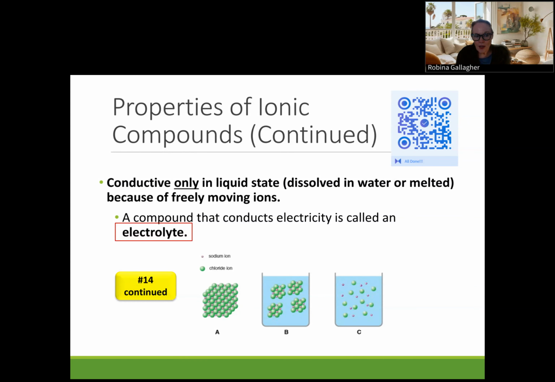Now you've probably heard that word before, right? Like Gatorade is an electrolyte. Salt water is an electrolyte. And it's important for you to drink electrolytes when you exercise because your muscles and your nervous system are an electrical system, believe it or not.